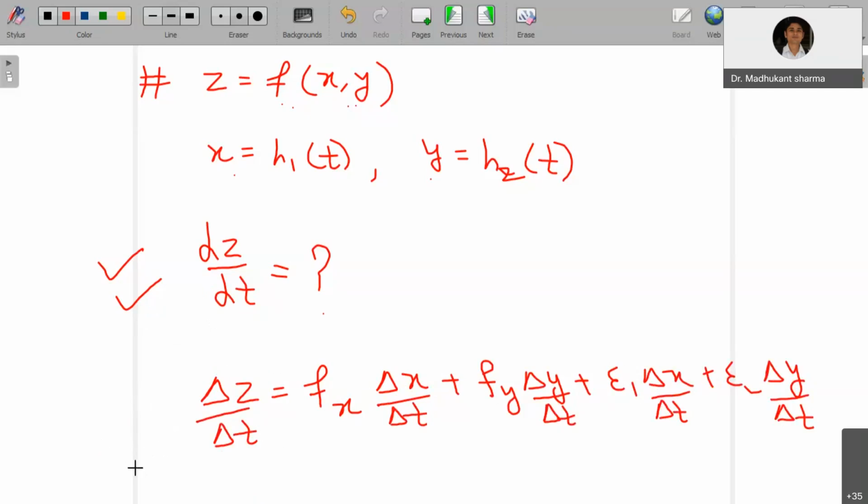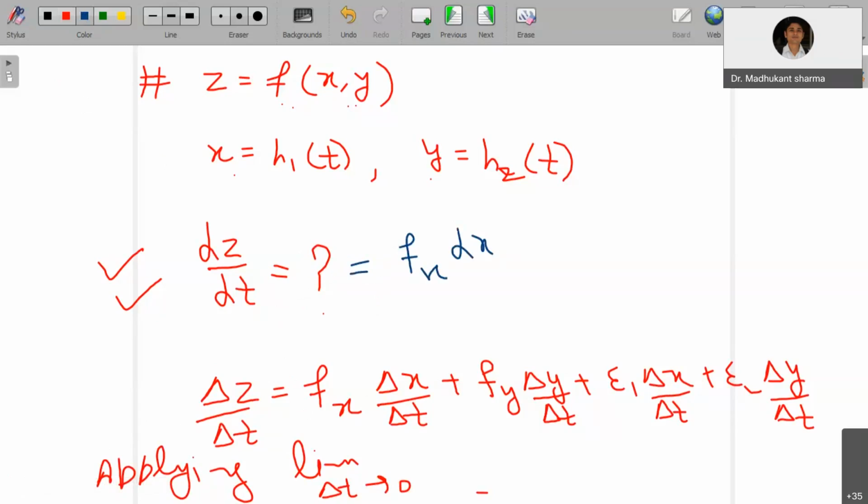Now apply the limit delta t tends to 0, and that will give you the answer. The answer here is fx times dx by dt plus fy times dy by dt.